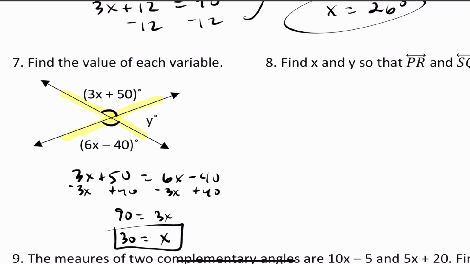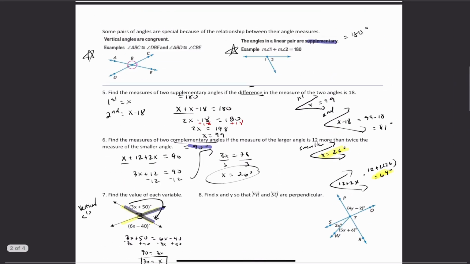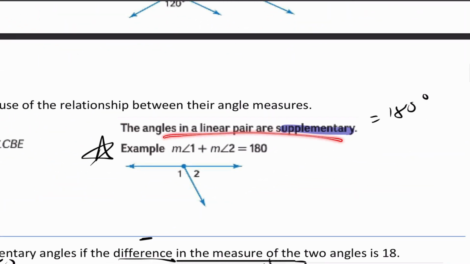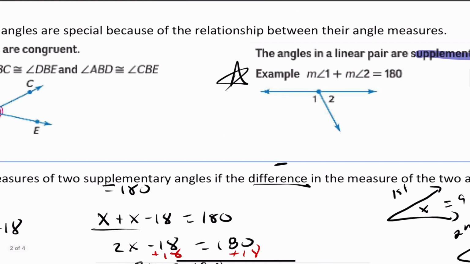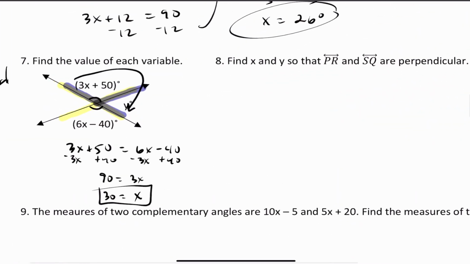Well, if we recall, we have a pair of adjacent angles where the rays are opposite. This is a linear pair. So this means that I can take this plus this and set that equal to 180, right? I'm using that idea of the linear pair, so I can use these angles, set them equal to 180, and figure out what y is equal to.